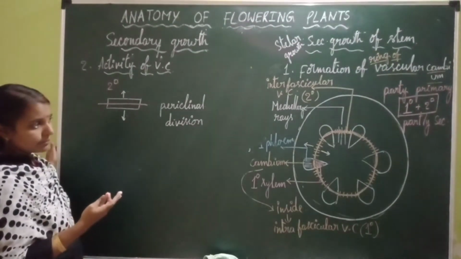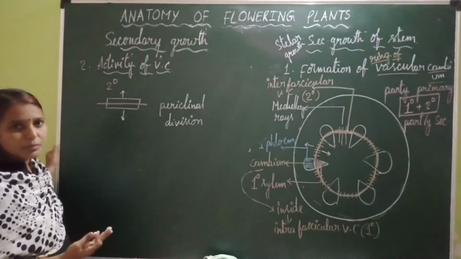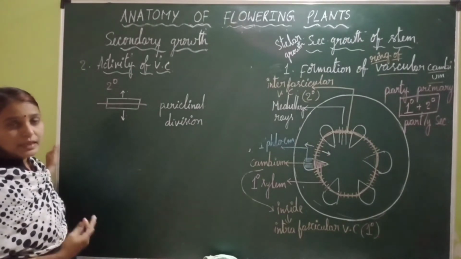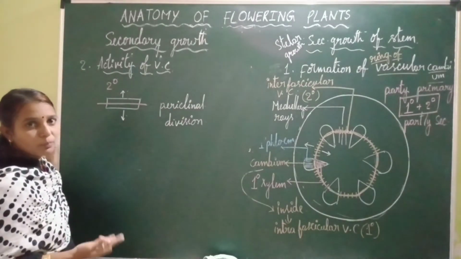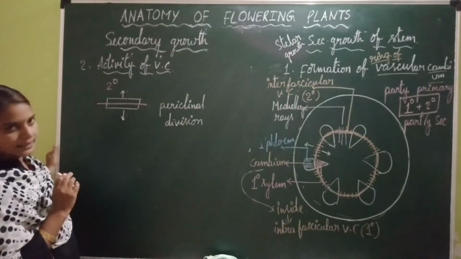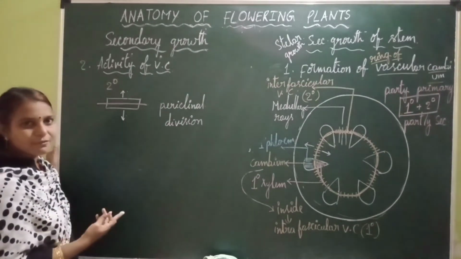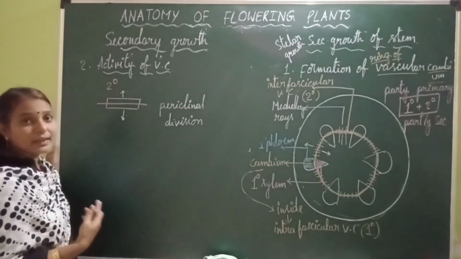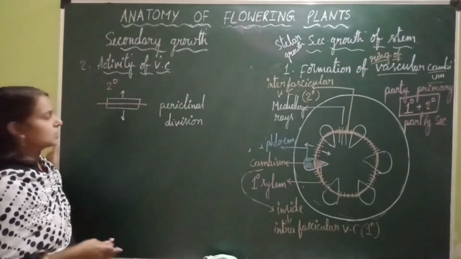Actually, vascular cambium is formed by dedifferentiation. Interfascicular vascular cambium is formed by dedifferentiation, that is by regaining the capacity of cell division. Again, the cells formed by the secondary meristem, that is vascular cambium, lose the capacity of cell division and get redifferentiated into secondary permanent cells, which together form secondary permanent tissues, right?